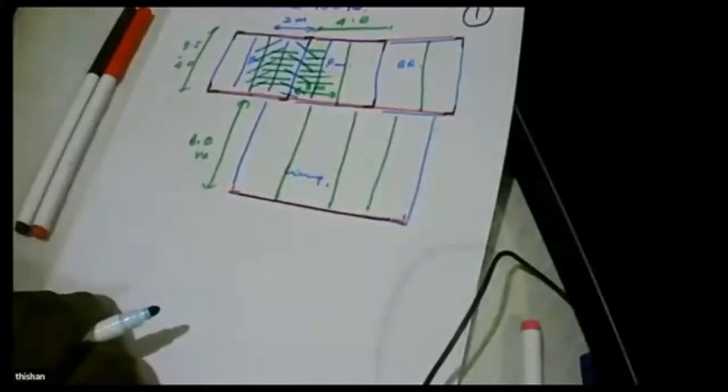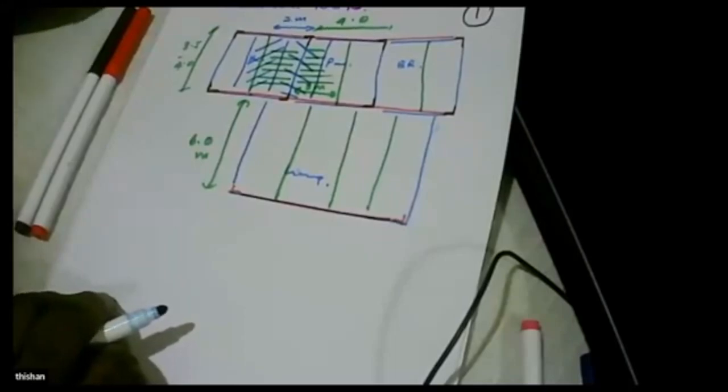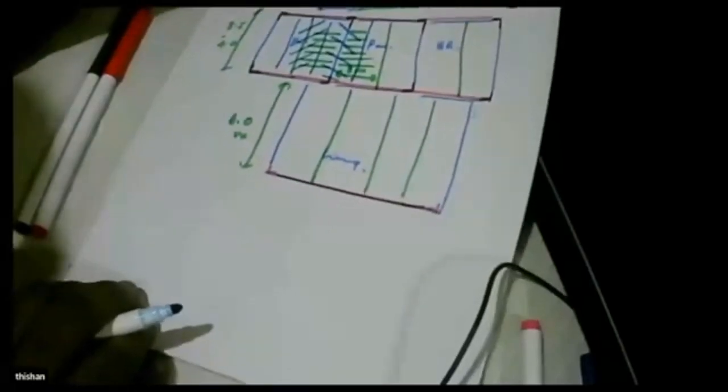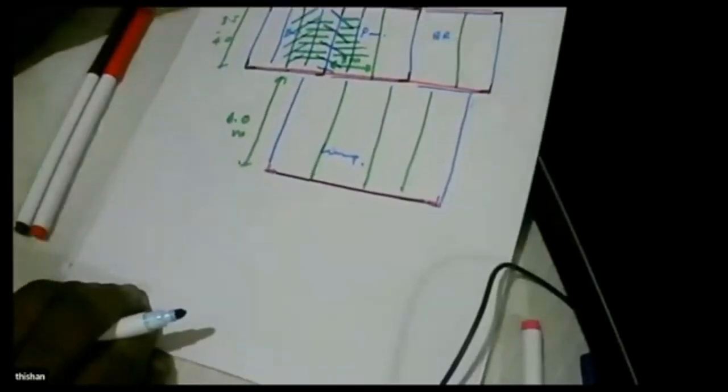Because we are transferring part of the load, we can minimize the amount of reinforcement needed in the beams, because reinforcement is very expensive these days. It's useful to have minimum reinforcement in the beams. So that is one advantage.